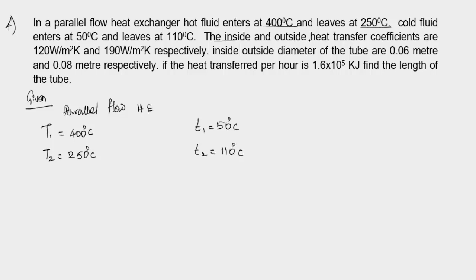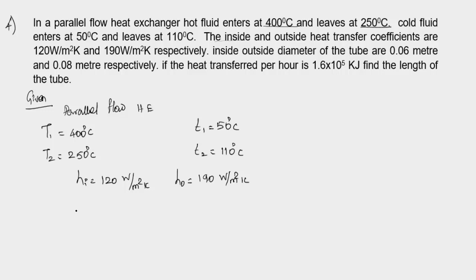The inside and outside heat transfer coefficients are 120 and 190. So Hi equal to 120, H naught equal to 190 watt per meter square Kelvin respectively. The inside and outside diameter of the tube are 0.06 meter and 0.08 meter.